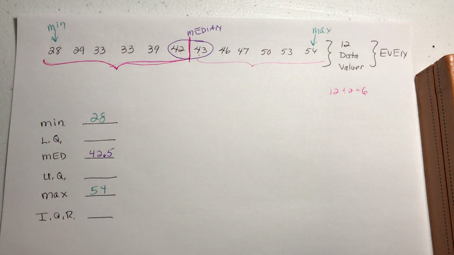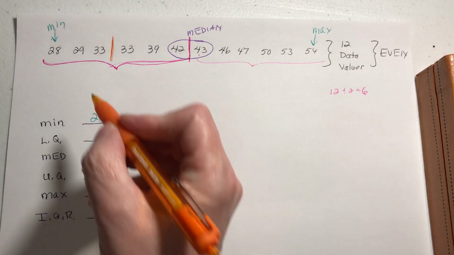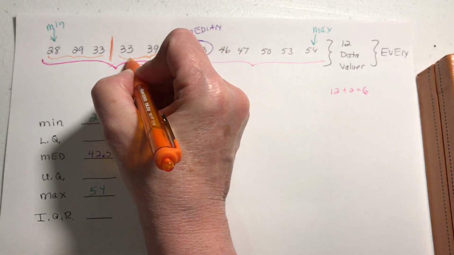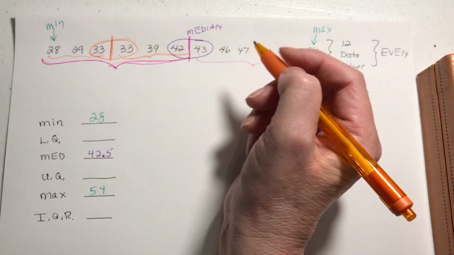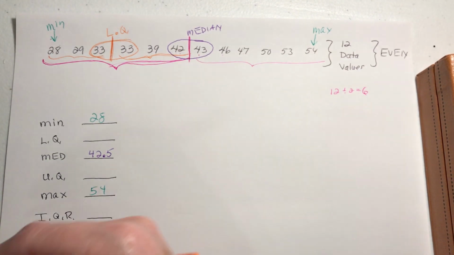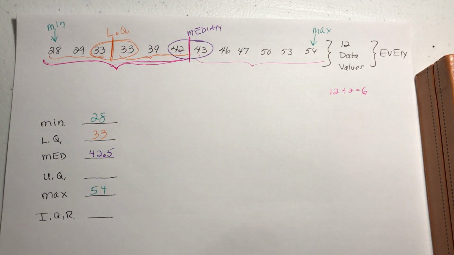And that median is going to be right here. It's going to put 3 numbers below and 3 numbers above. And then the average of 33 and 33 would be your lower quartile. And of course, if you average 33 and 33, you're going to get 33.